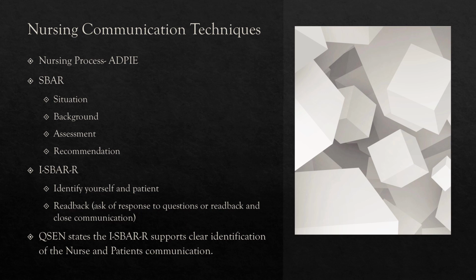And then E for evaluation. So now we're going to evaluate how did the interventions we implemented work, right? Were we able to keep this patient safe from falls and injuries for 30 days, right? So did we meet our goal?